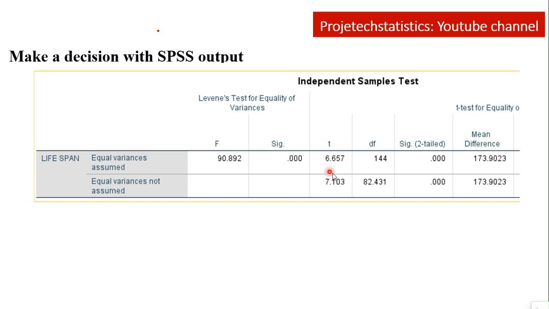So here, we are going to reject the null hypothesis because this value is above 1.96, which is the critical value. So it falls in the rejection zone.